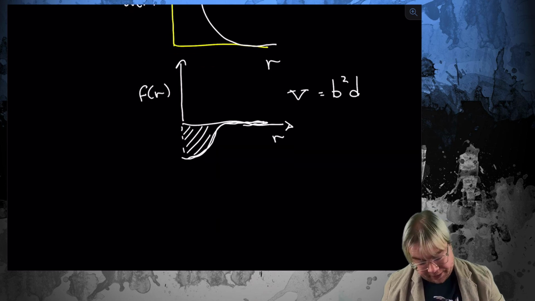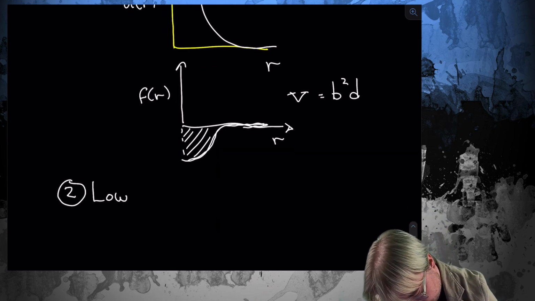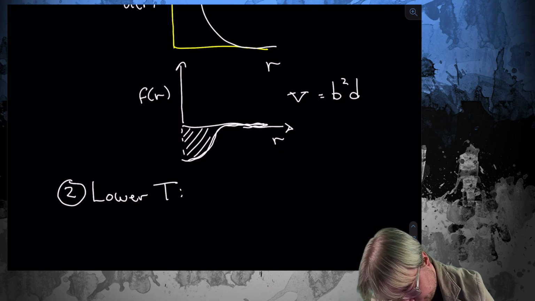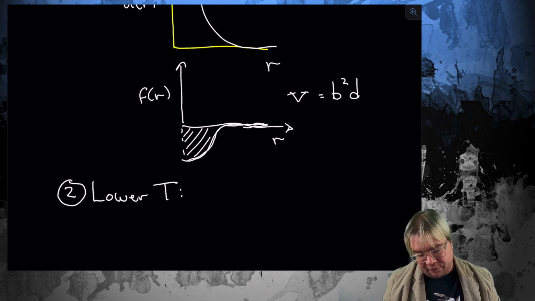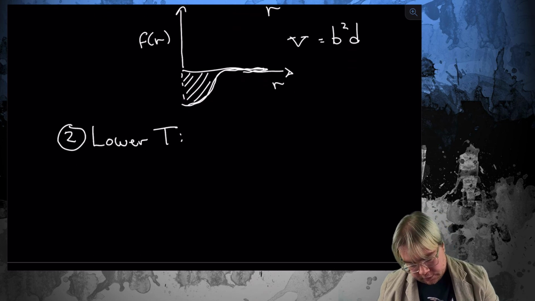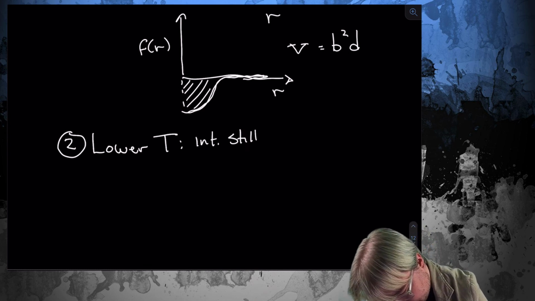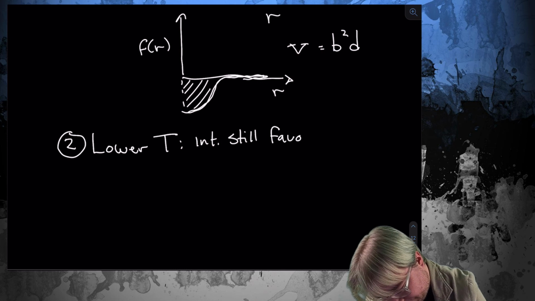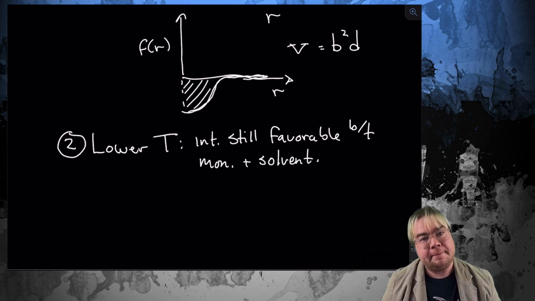Okay, so we can look at different cases. Let's lower the temperature. But interactions between the monomer and the solvent will still be favorable. They just won't be as favorable as the athermal case. So the interactions are still favorable between monomer and solvent.